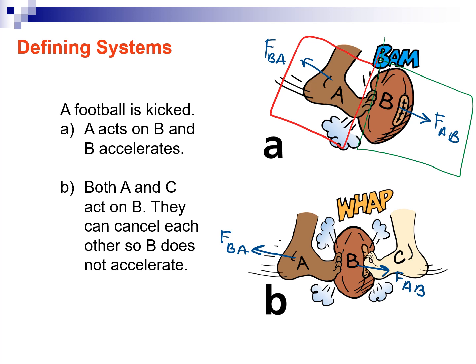And the second pair is there's a force of C acting on the ball, and the reaction to that is there's a force of B acting on the foot C. These are also action and reaction forces, and they don't act on the same object and they don't cancel.